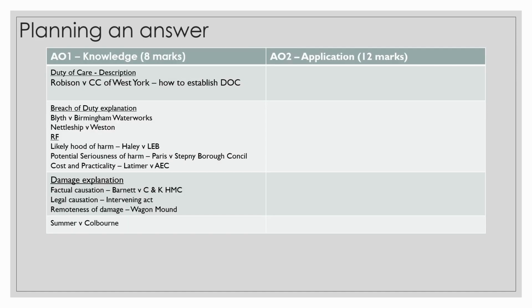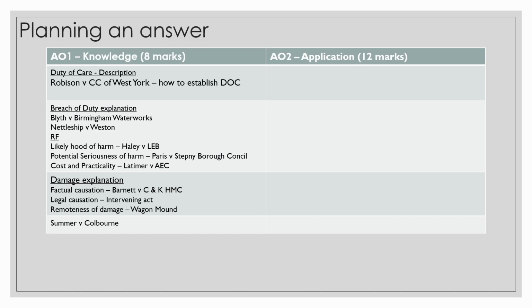So, when planning an answer, as you're reading through the scenario, you should mainly be thinking of the AO2. You shouldn't be thinking too much about the AO1, because the AO1 should already be memorized.